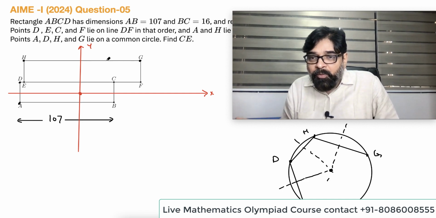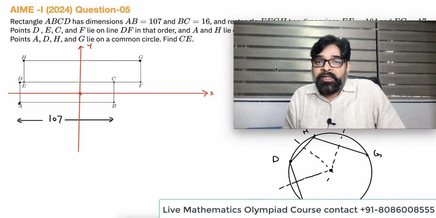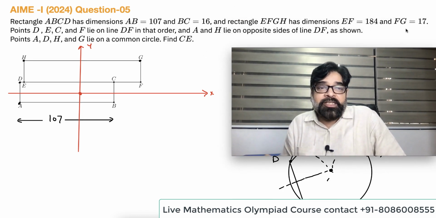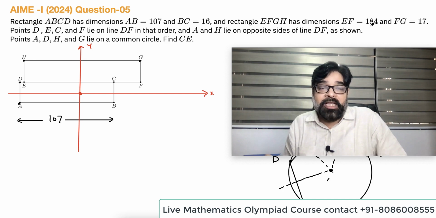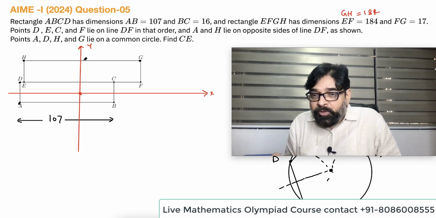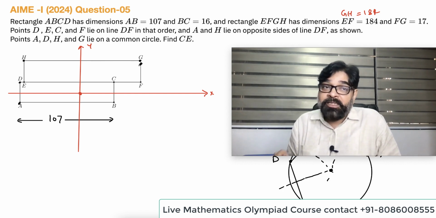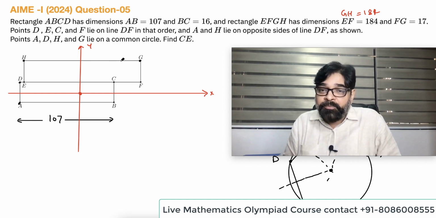This length we know. What is this length? This GH length is given. No, EF length. Yeah, EF length is 184. This is a rectangle, so GH length is also 184. Yes or no? So this will be half of 184, meaning this will be 92.